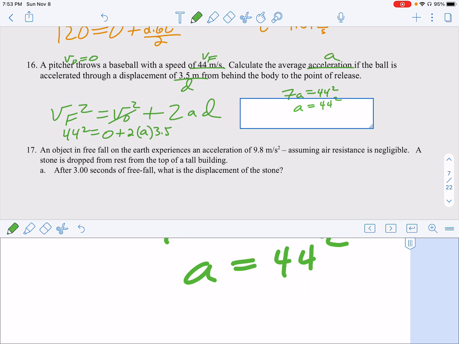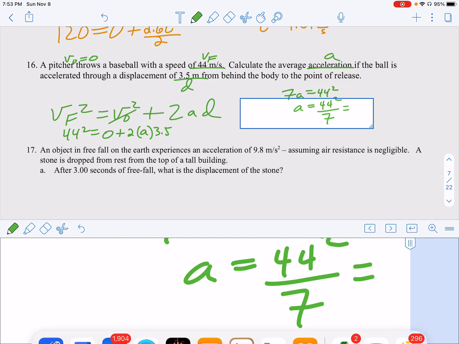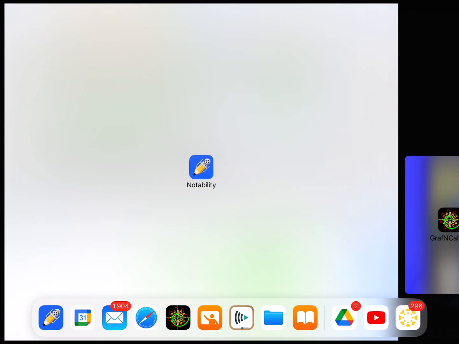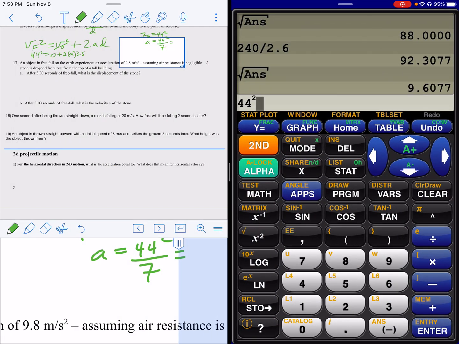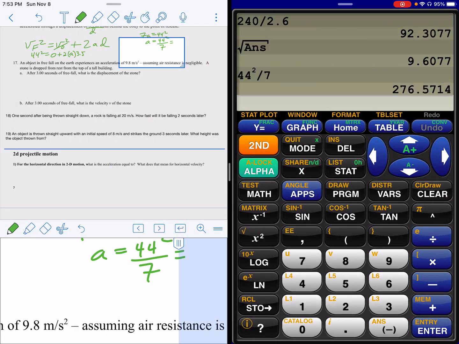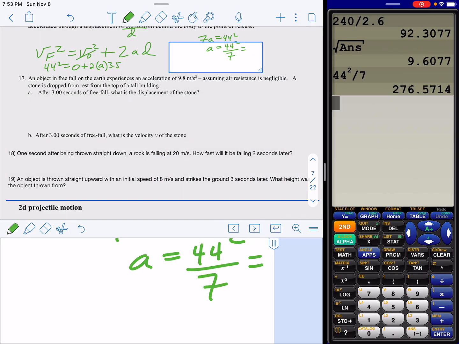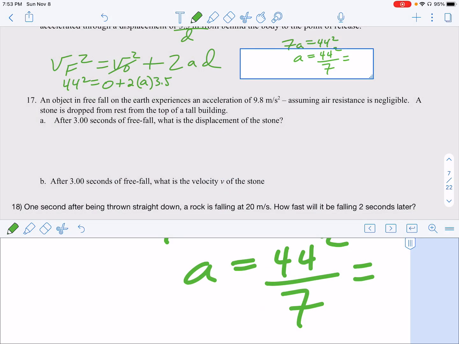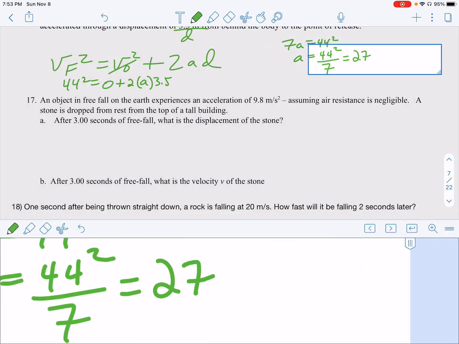Forty-four squared divided by 7. So that comes out to be 277. That's fast. 277 meters per second squared, which is about 27 times the acceleration due to gravity.